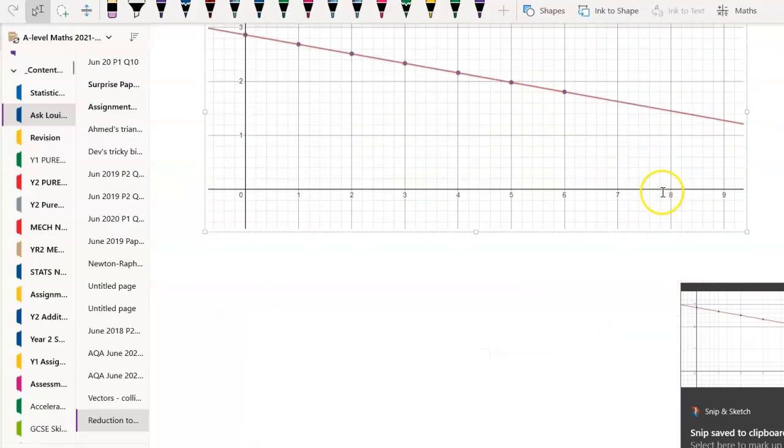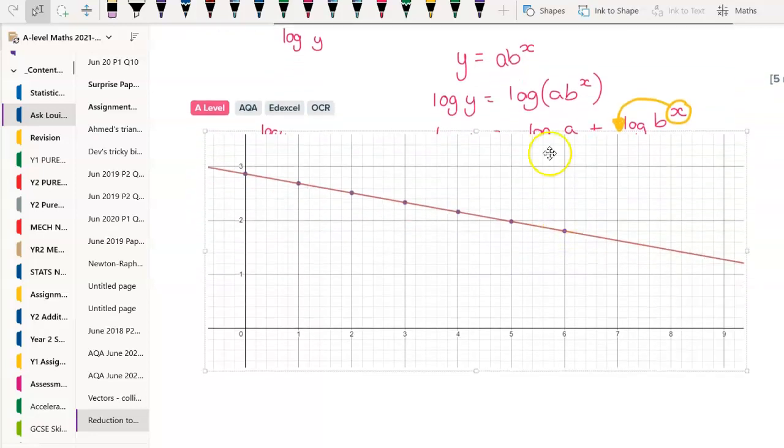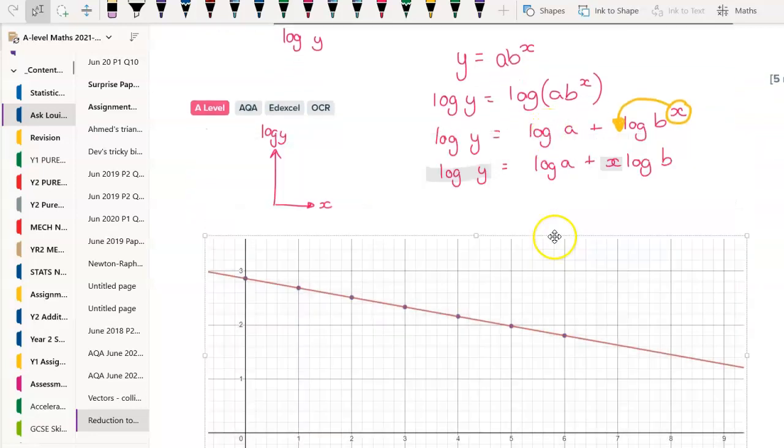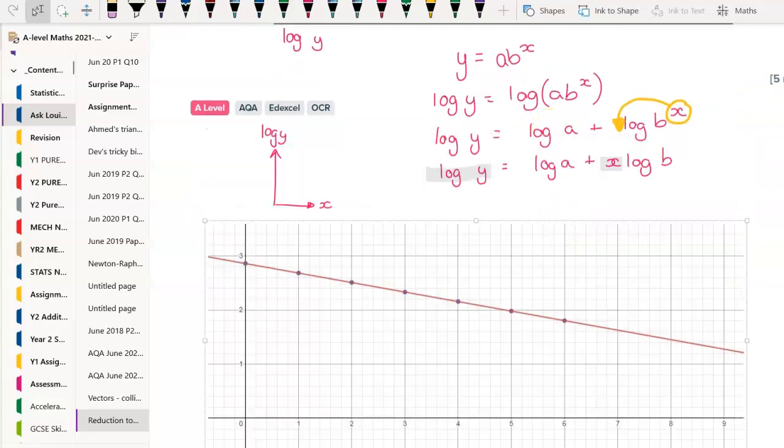Okay, so our y-intercept, which we can see from here, is 2 point something. So if we look at our y-intercept, there is about 2.85 maybe. So let's say our y-intercept is 2.85.